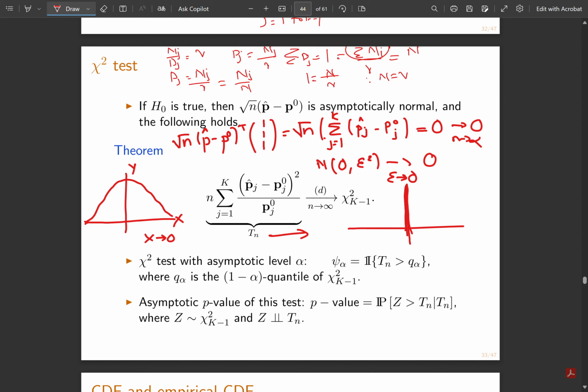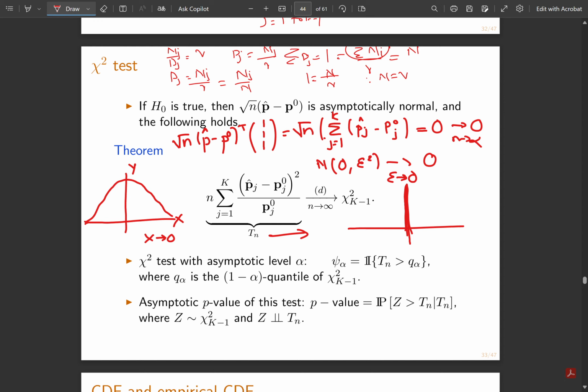There's no variability in x. That's what we are saying here. In the end, let me quickly summarize what we learned today. We learned about the chi-square test, which says that if the null hypothesis is true, then the square root of n times p hat minus p naught is asymptotically normal, and we need to do some preparation for that.